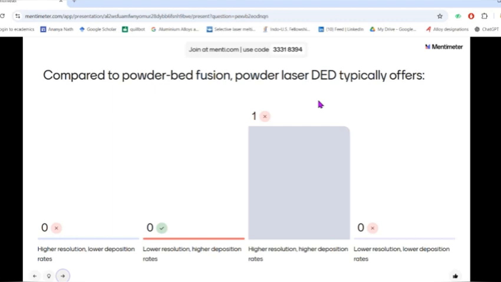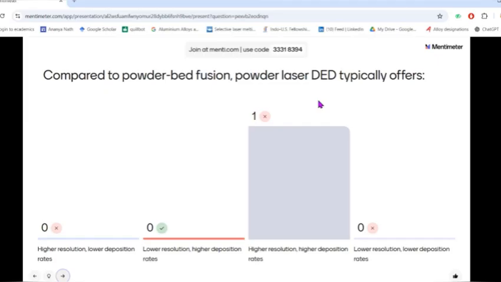Another point is, in case of powder bed fusion, the laser focus spot diameter is also lesser. So the minimum feature size actually depends on both the powder size and the size of the laser. If the laser focus spot diameter is lesser, that means the resolution is higher.